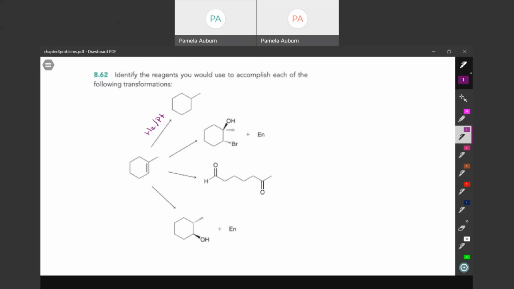In this case, that nucleophilic solvent is going to be water. Now, water is not as good a nucleophile as bromine, but it's the solvent. It is simply much more accessible. So the reagent here is to add bromine and water. And of course, you're going to get the enantiomer.